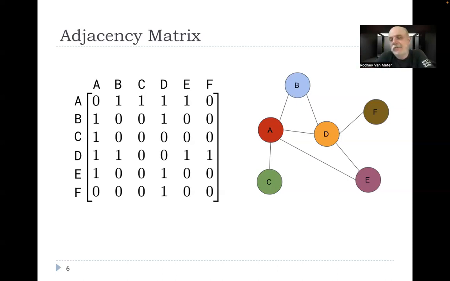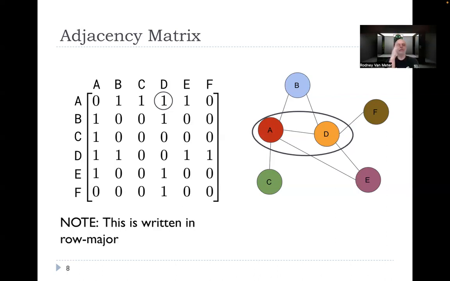Every entry in this adjacency matrix is either a 1 or a 0, and the 1s represent where nodes are connected, and the 0s represent where they're not. So for example, AD has a connection here. In the D column of the matrix, you'll see that the entry in the A row is 1. That's because A and D are connected.